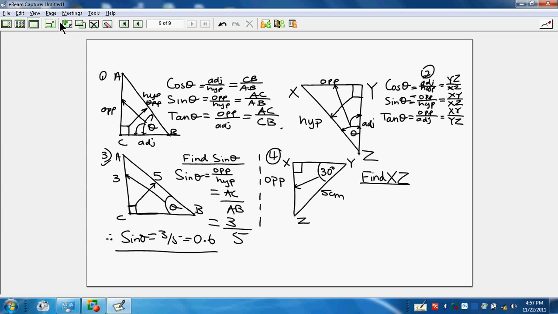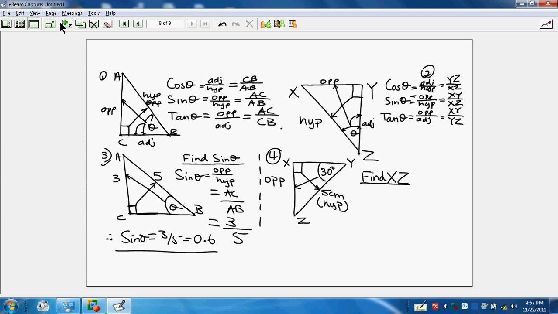Now that length YZ is opposite the right angle, so it means that YZ is really the hypotenuse.